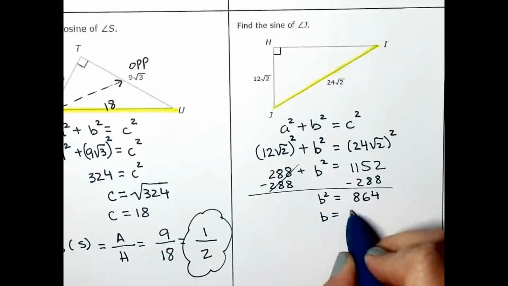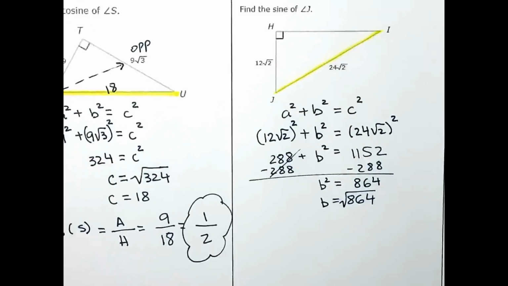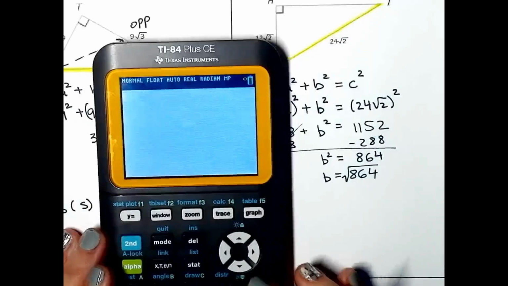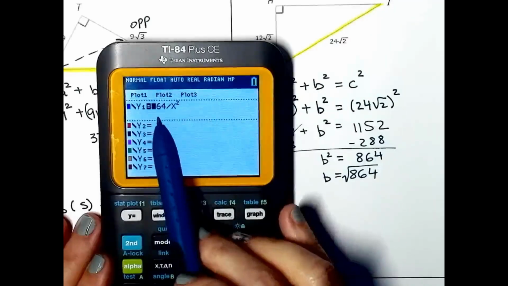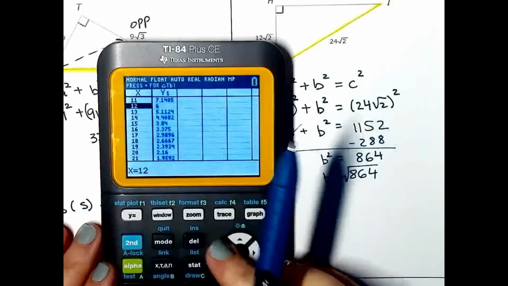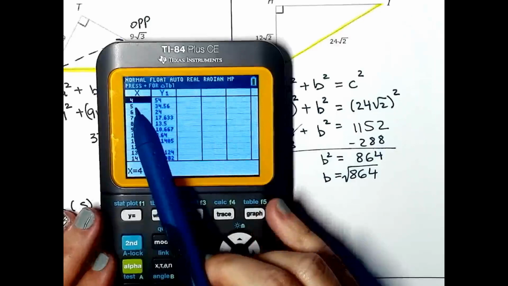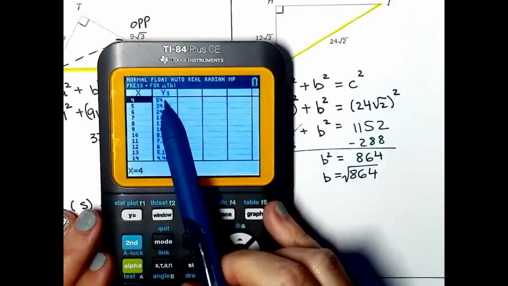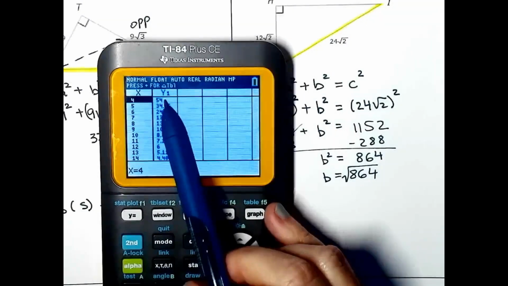When you take the square root of this giant thing, you're like, I know I should be looking into simplifying that radical. Yes, you're right. You have to simplify the radical. But here's the trick. You can go to y equals and plug that in. Divide by x squared. When you go to the table, you're trying to find the lowest y. Because the way you read this, you go 4 square root of 54. Well, when you look at square root of 54, you know that you have to keep on simplifying the radical.